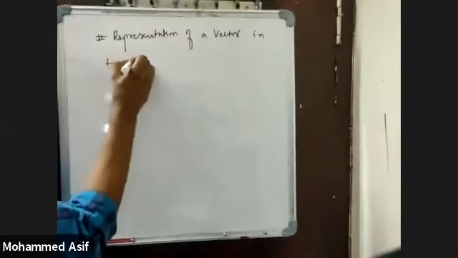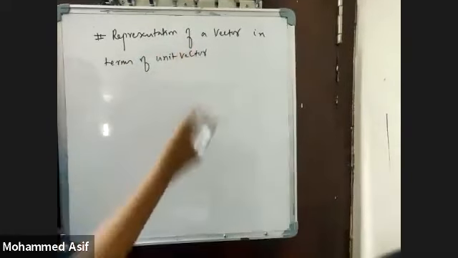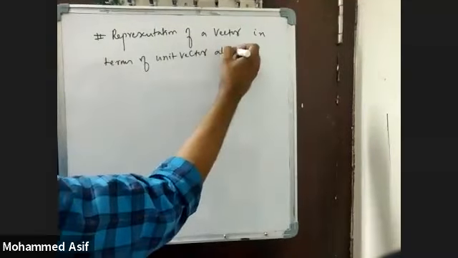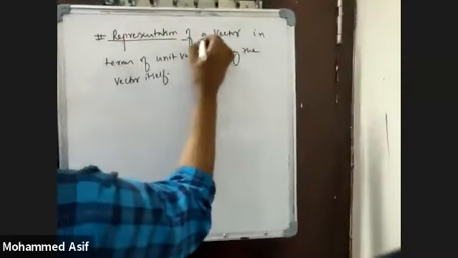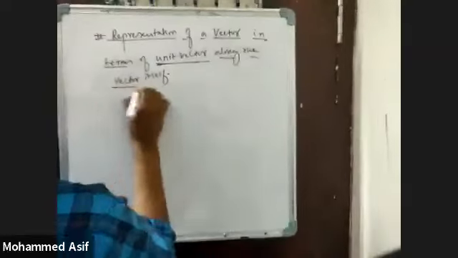Representation of a vector in terms of unit vector along the vector itself. This is the heading: representation of a vector in terms of unit vector along the vector itself.